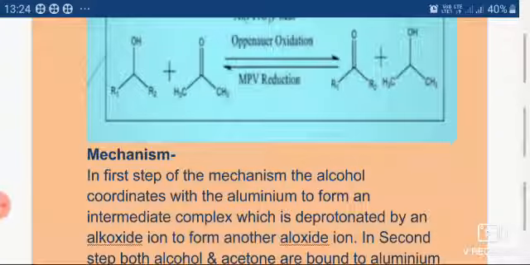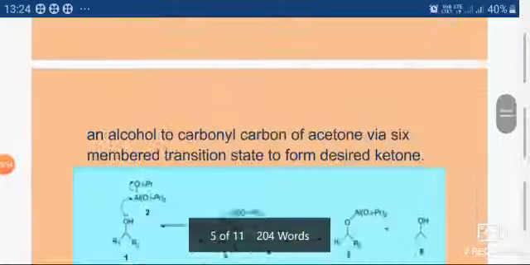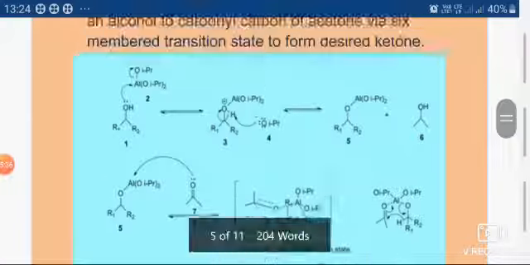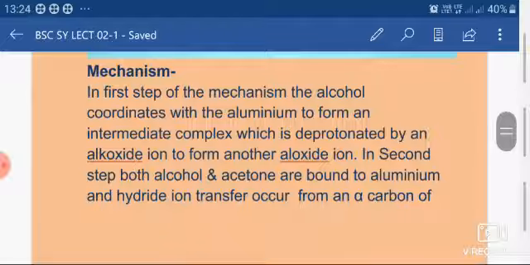Now, the next is the mechanism. What is the mechanism of this reaction? The mechanism is as shown below. In the first step, the alcohol coordinates with the aluminium of aluminium isopropoxide to form an intermediate aluminium complex.